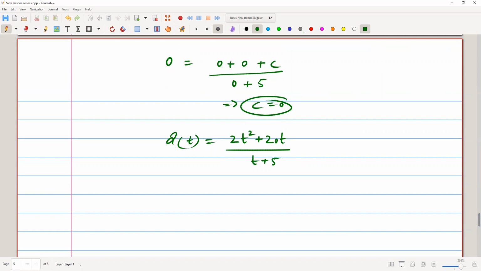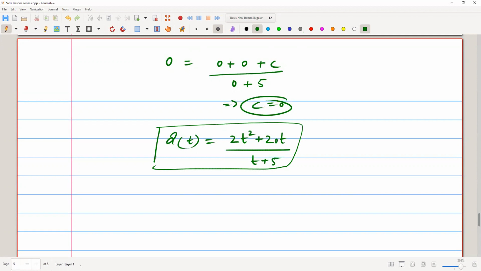All right, so this is the simplified form of this equation after finding the constant of integration. Now we can solve the further problem, which asks for the amount of time required for overflow to occur.